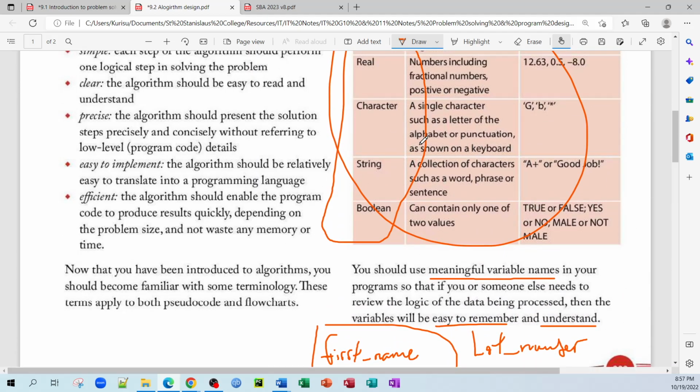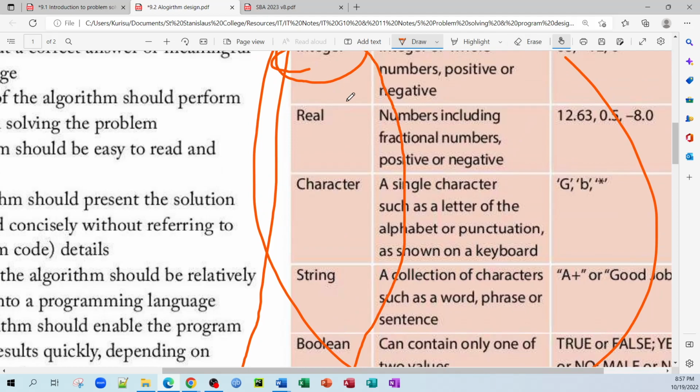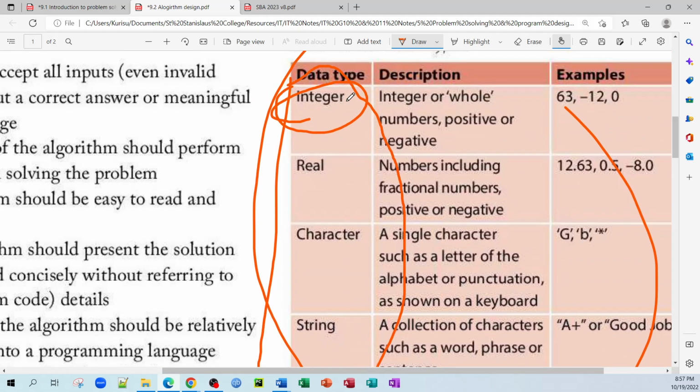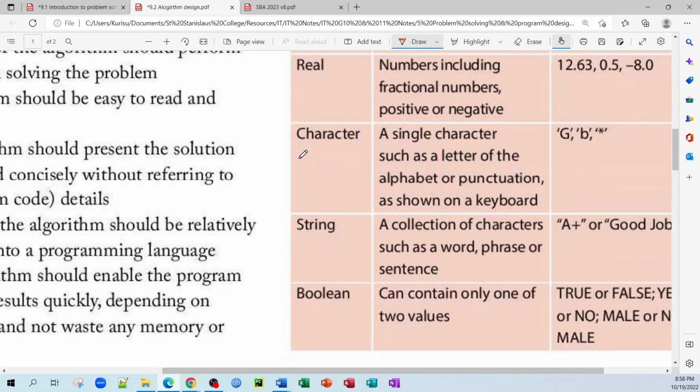And do you think the same thing can happen with character and string, like what's happening with real and integer? You think the same thing is possible? Yeah, the same thing is possible. Because remember, this one is basically one character, and this one is multiple characters.